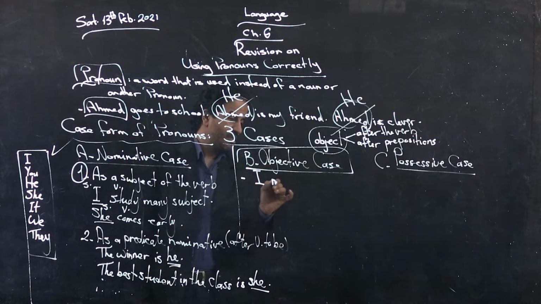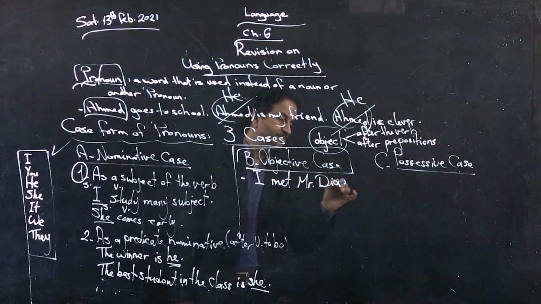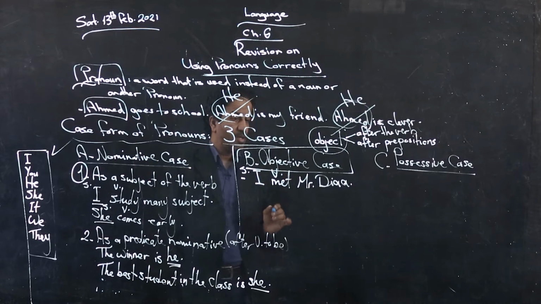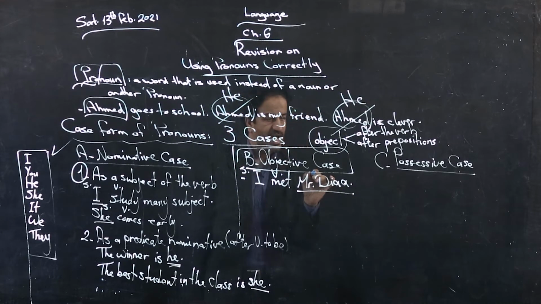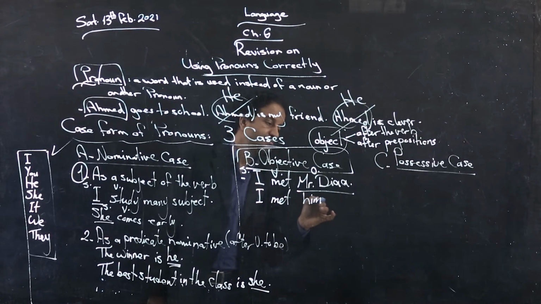I met Mr. Dia. I is the subject, nominative case, and we have the verb. After the verb comes the object, the direct object. So instead of Mr. Dia, we can say I met him. So him here is an objective case because it comes after the verb.